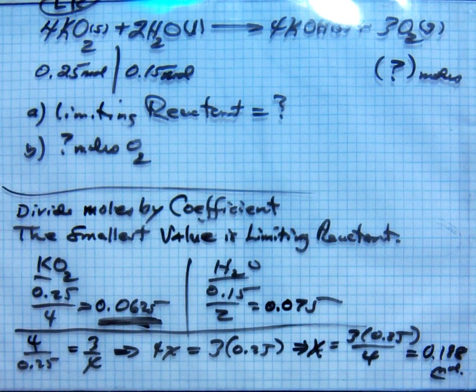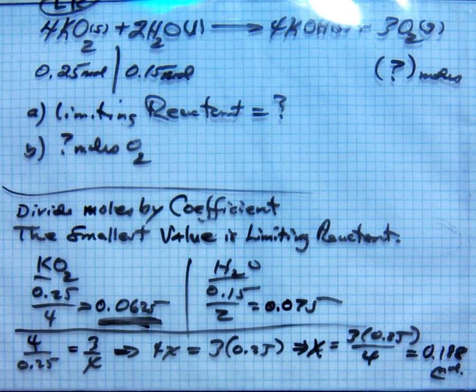Everybody good? Now that's very simple and straightforward. It doesn't matter how complex the problem is. If you divide moles by the coefficient, the smaller number is your limiting reagent. But keep in mind, you go back to the given data and work the problem ratio through that.